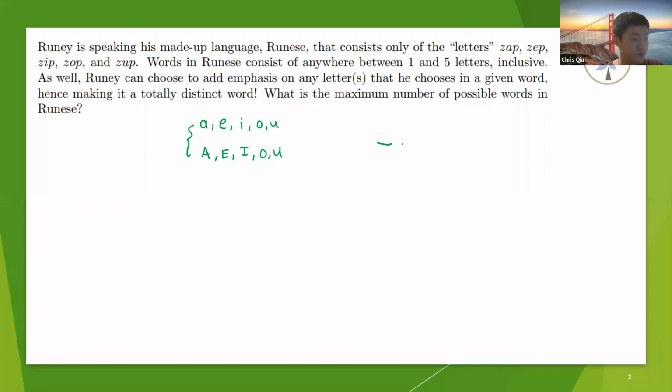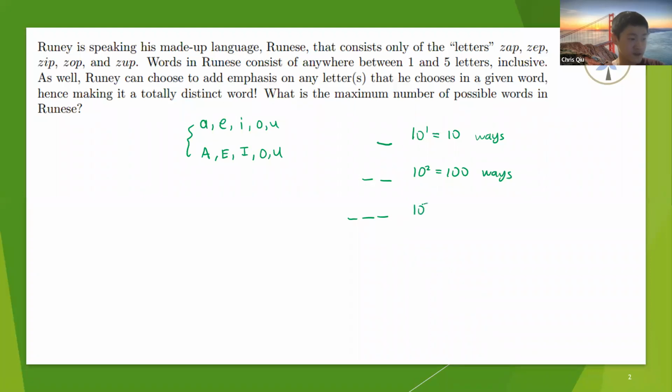For example, if you have a 1-letter word, there are exactly 10 to the first, which is 10 ways to create such a word. And if you have a 2-letter word, there's going to be 10 squared, which is 100 ways to create the word, because there are 10 ways to choose the first letter out of these 5 lowercase letters and 5 uppercase or emphasized letters.